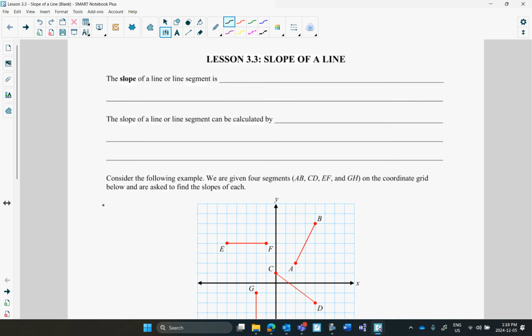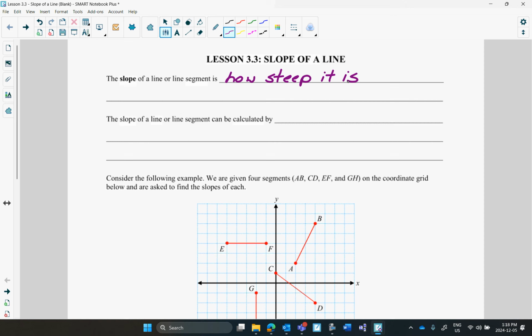But one of the definitions of a line or line segment is how steep it is. That's one way we could define it.